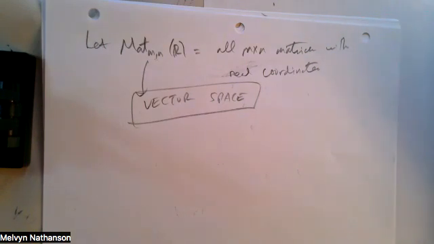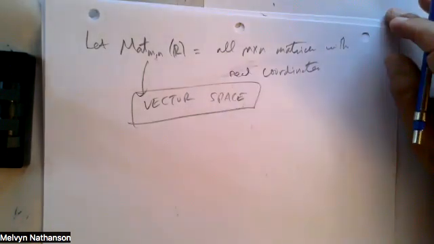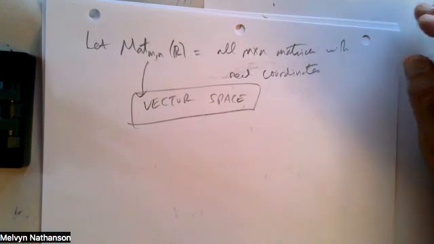Now, there's one thing you can do with matrices which you cannot do with vectors, which is that in some cases you can multiply matrices. We did not define any way to multiply vectors. You can multiply a vector by a number, by a scalar, but we didn't define the product of 2 vectors.